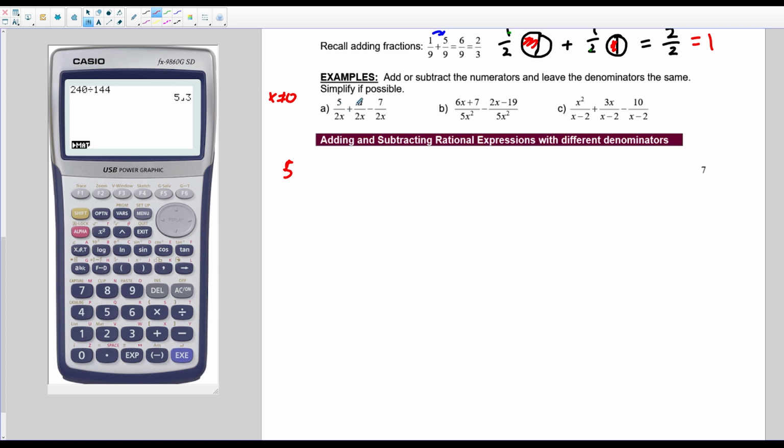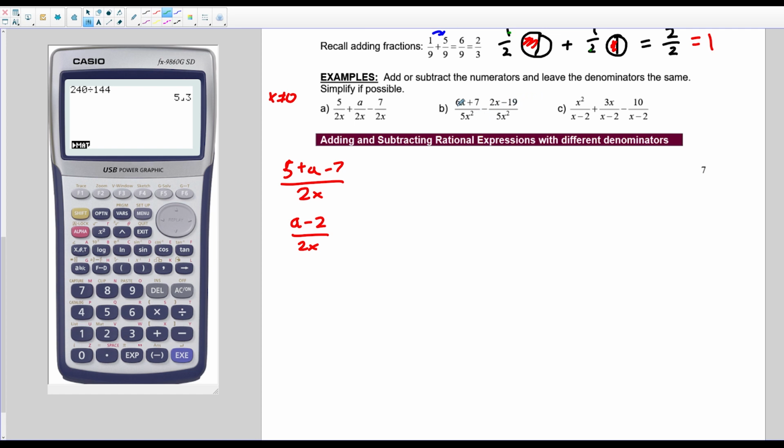So 5 plus a, and then minus 7 goes on top. And this is all divided by 2x. And all that's left over, 5 minus 7 gives me a negative 2. So I have a minus 2 over 2x, and I can't simplify anything in this case.